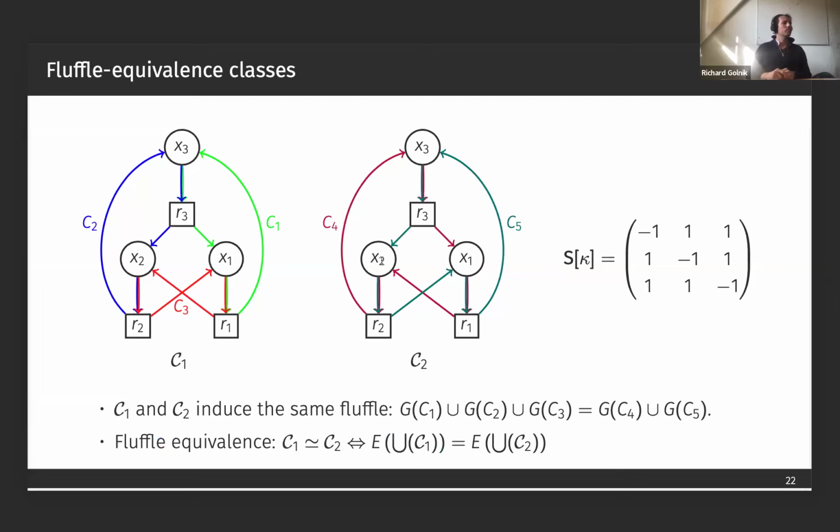So we first came up with the idea of introducing a fluffle equivalence that says that two circuit nets are basically equivalent, or the same, if the union of the elementary circuits within these circuit nets share the same edges.